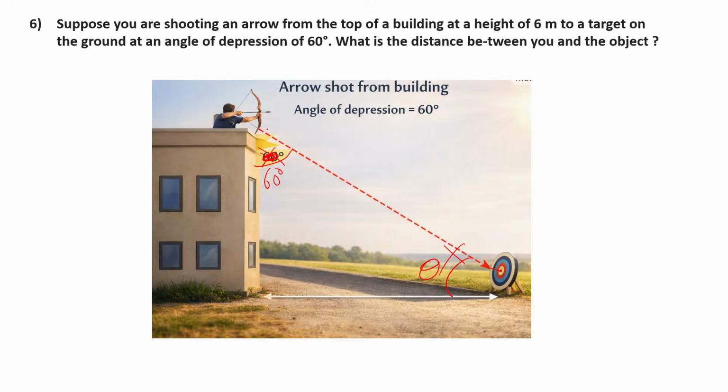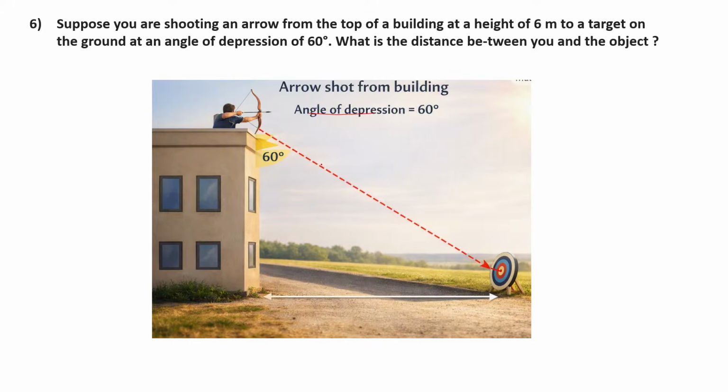Now I will explain what angle of depression actually is. Here the observer will face downwards, lower his head and look towards the target. Now there is no horizontal here. As you can see, the red dotted line is the line of sight.